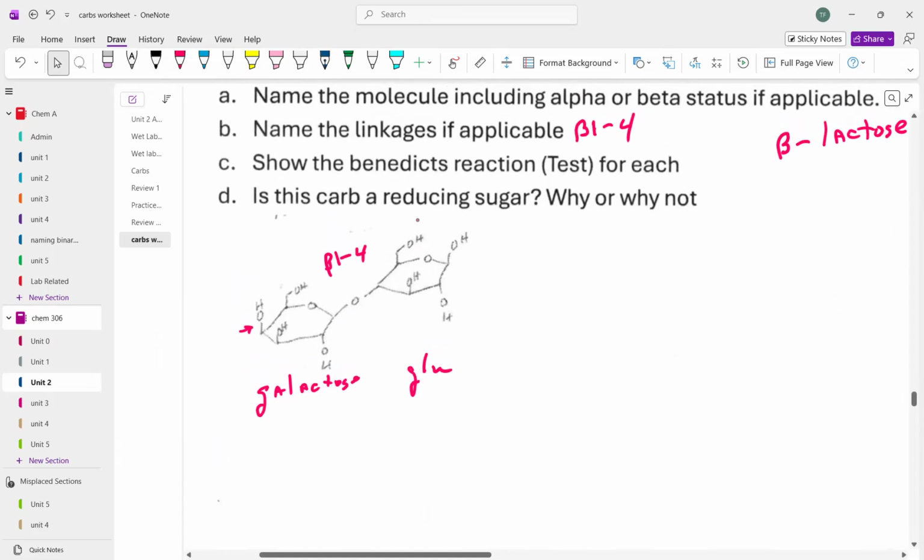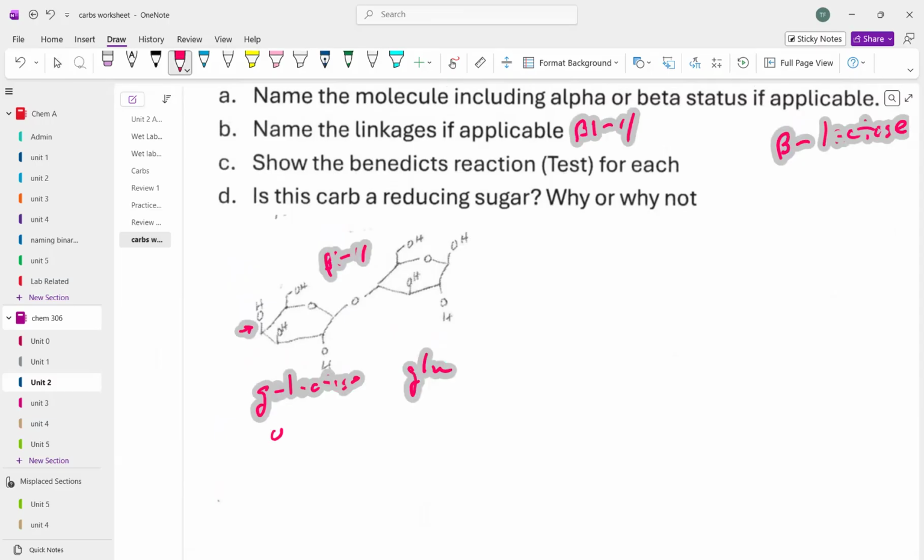So let's run this through a Benedict's test. So we have to analyze what we've got here. Okay, over here on the left, that's galactose, and we have an OCO. We have a hydrogen and no OH. So that means this is an acetal.